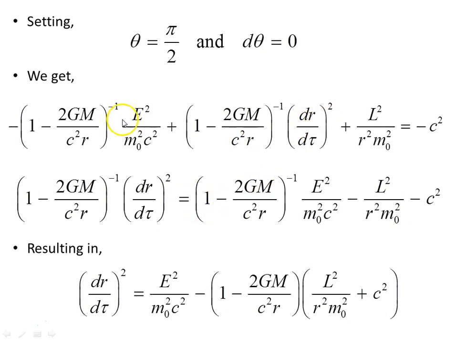We take this here on the other side and this bit over there, and we get this expression. Going further, multiplying through by the inverse of this object, we come out with this object here. So here's our equation of motion for this particle of mass m0, in the equatorial plane. Okay, let's move on.